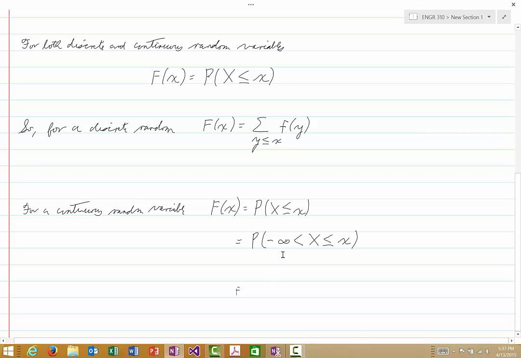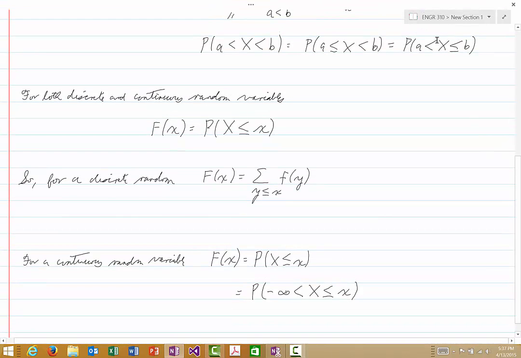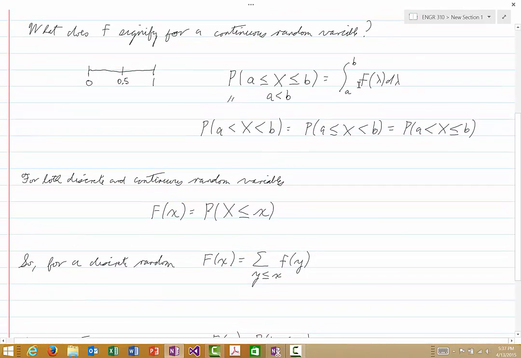Compare this expression with this one, and you see that we replace a by negative infinity and b by x.